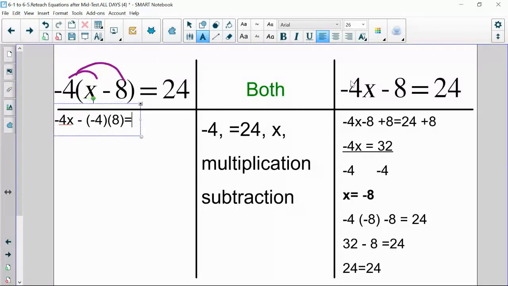Does that still equal 24? This is where it will change what real equation we have. Our -4x stays the same, but now these two negatives cancel each other to make a positive 32 equals 24. Then I would need to subtract 32 on both sides.